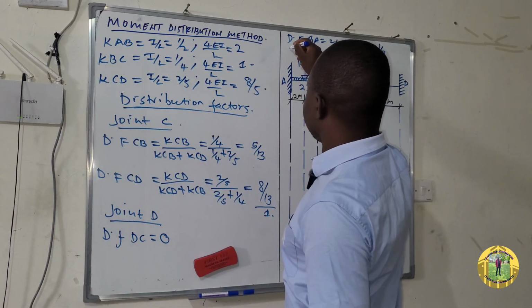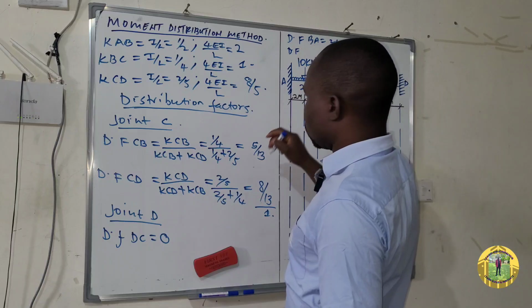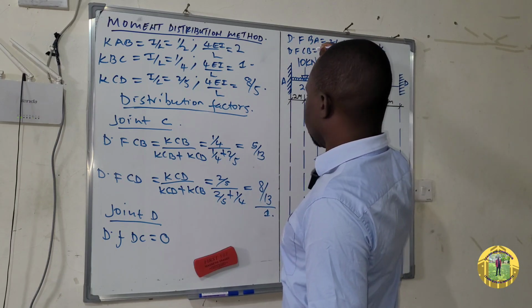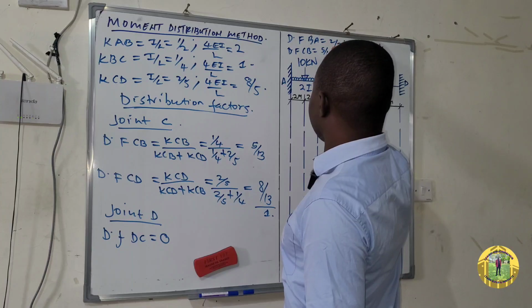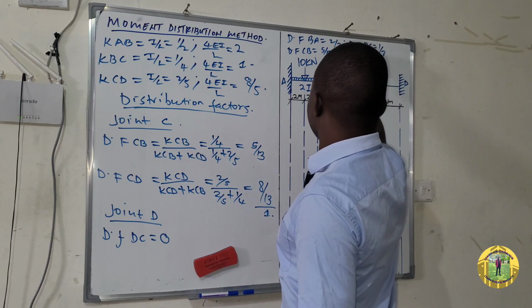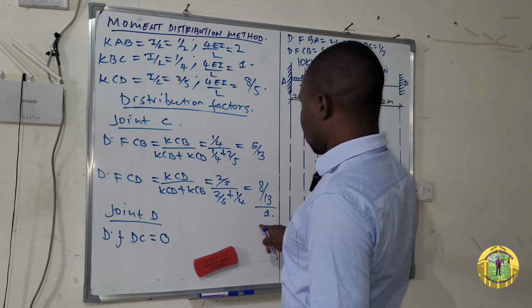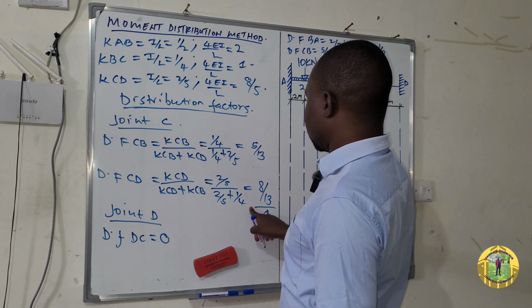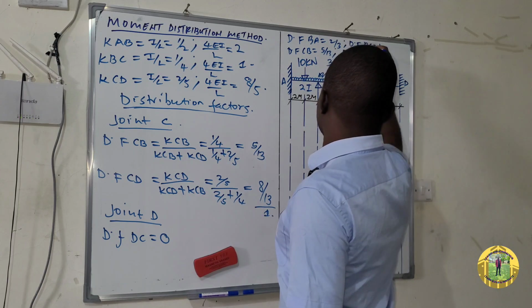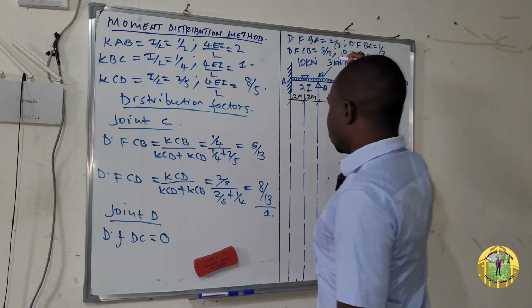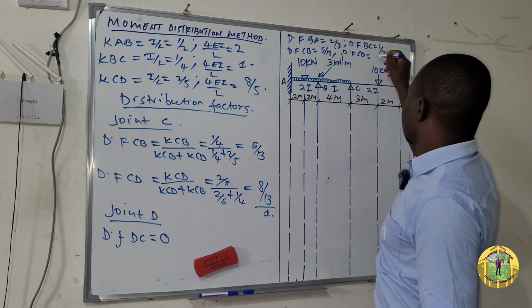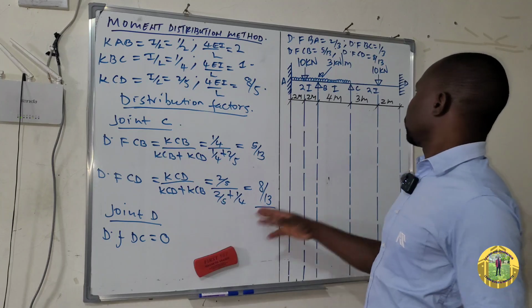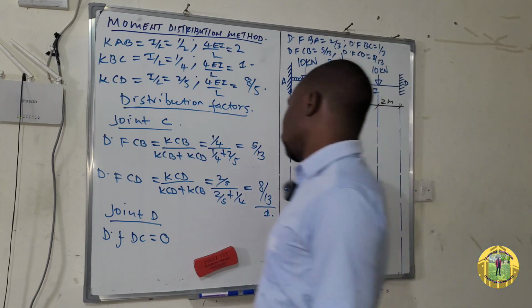We have DFCB is equal to 5 over 13, and then DFCD is equal to 8 over 13, like that. DFDC is 0. We'll remember that one, so don't worry.